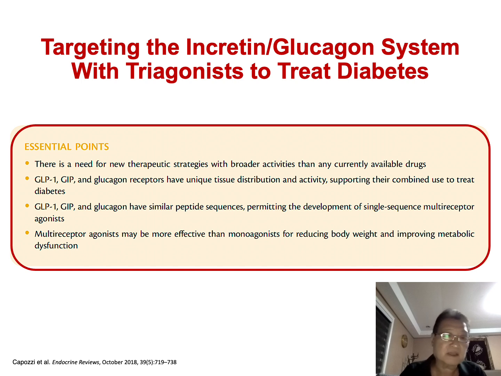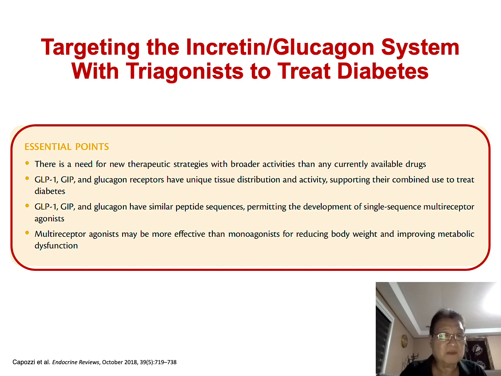And the essential points are the following. Number one, there is a need for new therapeutic strategies with broader activities than any currently available drugs. Number two, GLP-1, GIP, and glucagon receptors have unique tissue distribution and activity supporting their combined use to treat diabetes.